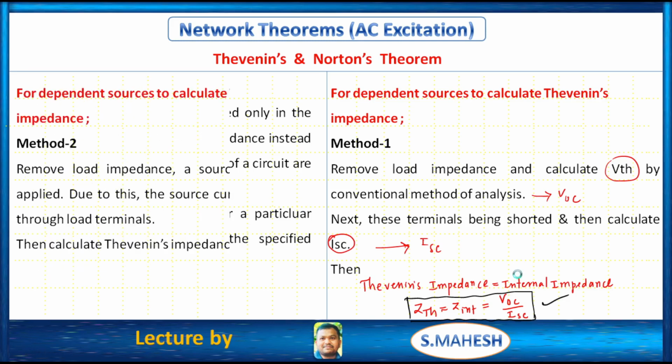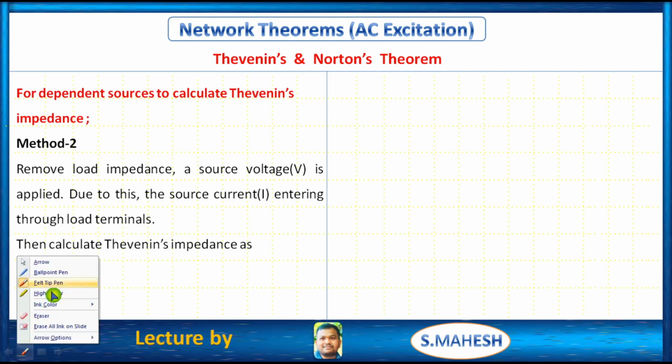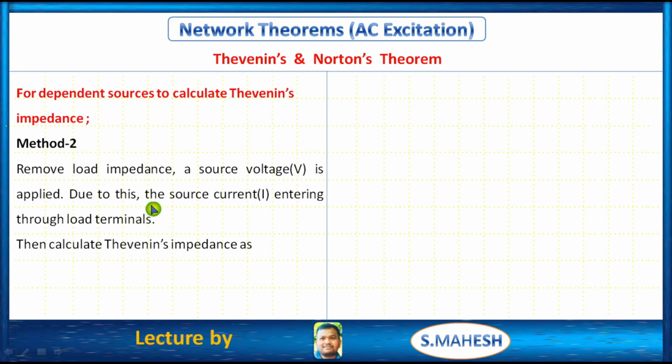Next, method 2 is what? Remove the load impedance and provide a driving source voltage between the two open circuit terminals. Because of that driving source voltage, obviously we have a source current. The ratio between the driving voltage and this current is the internal impedance.